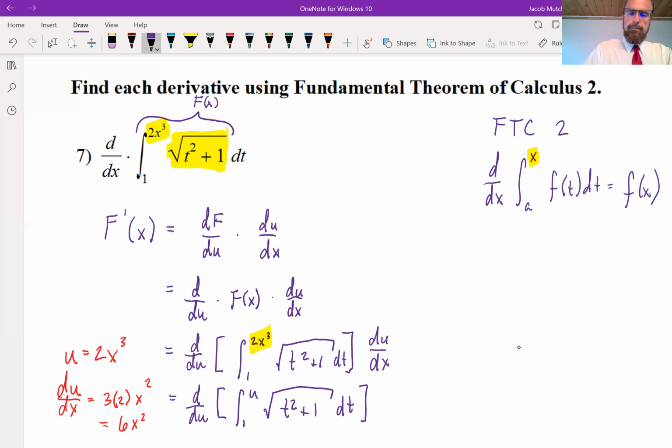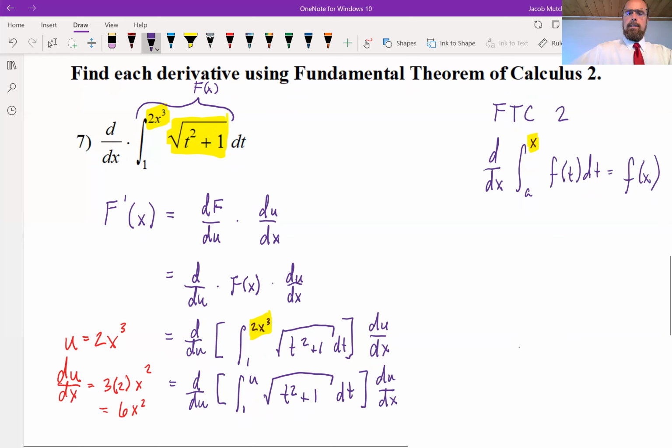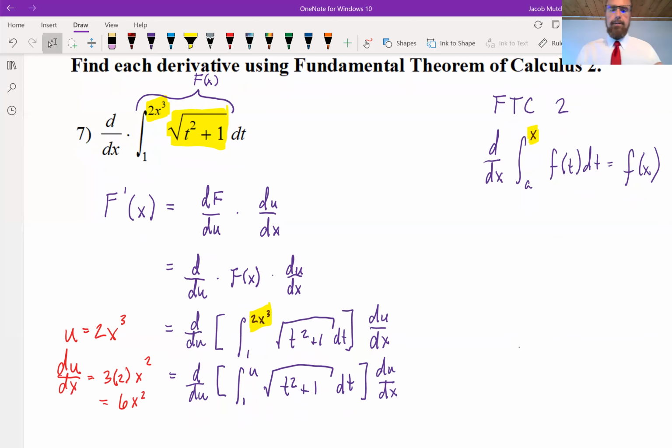Times du/dx. And at that point, we're ready to apply the fundamental theorem of calculus, because now you see that I've got this expression, d/du of the integration from 1 to u of the square root of t squared plus 1 dt, really is set up exactly as I've got the fundamental theorem of calculus 2.